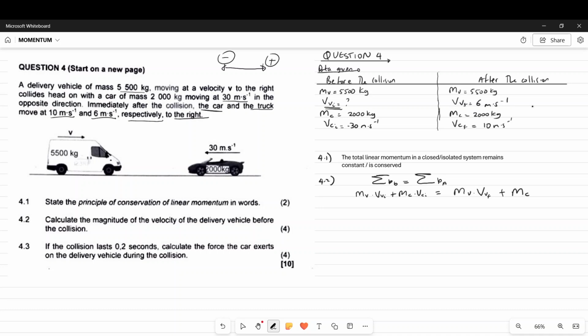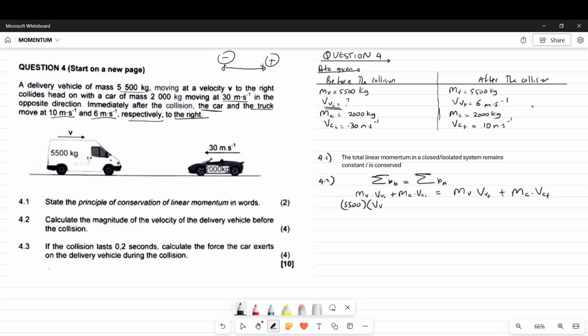Plus mass of the car times velocity of the car final, right? And then once you're done, you just substitute in. So mass of the vehicle is 5,500, and then the velocity, which is unknown, so we're looking for that, so we can just leave it as it is.